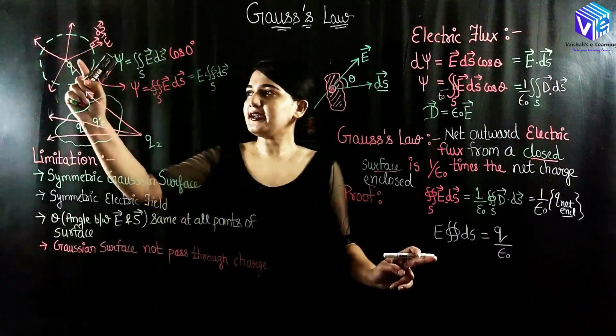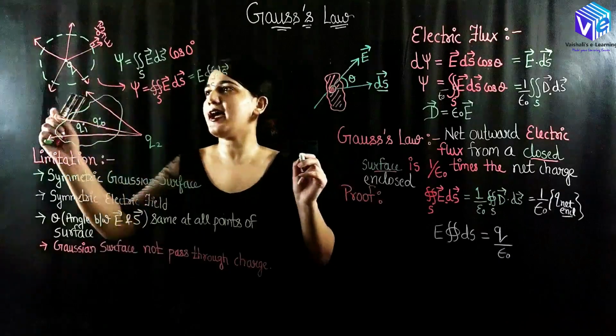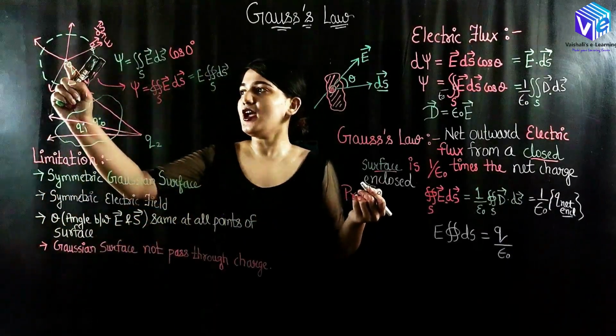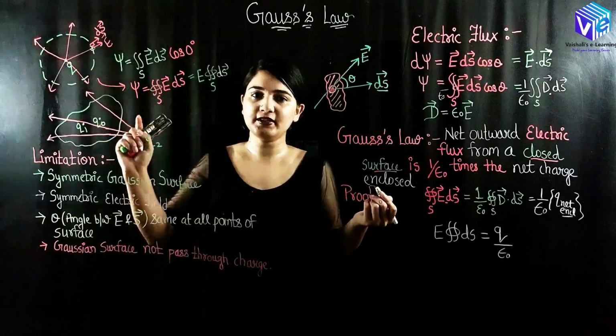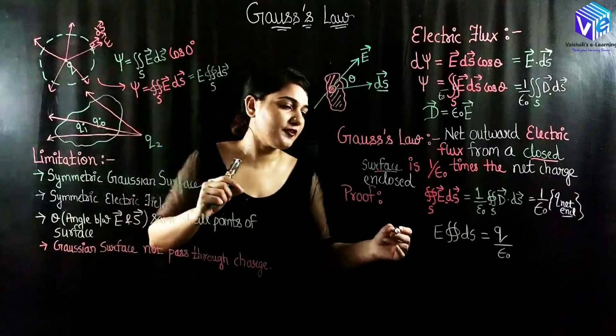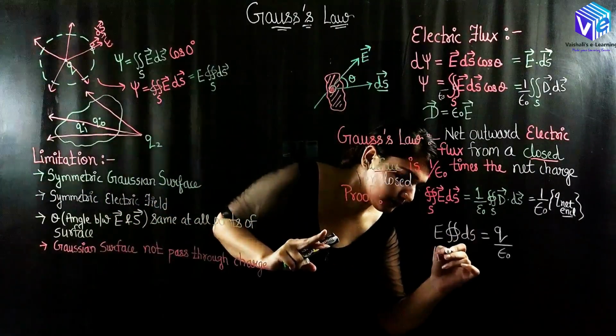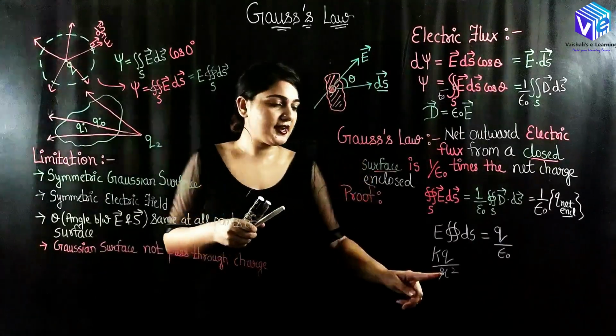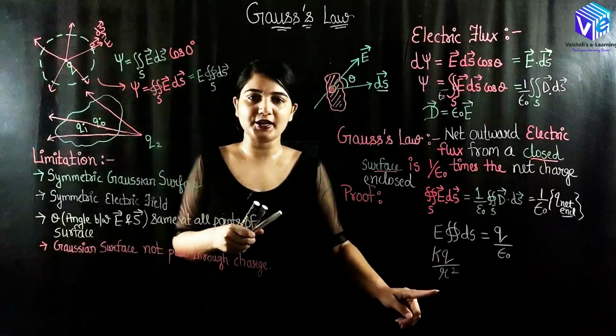Now we can find out the electric field. If I am finding it at this point, I can find the electric field due to this charge at this point. The electric field will be KQ upon r square.